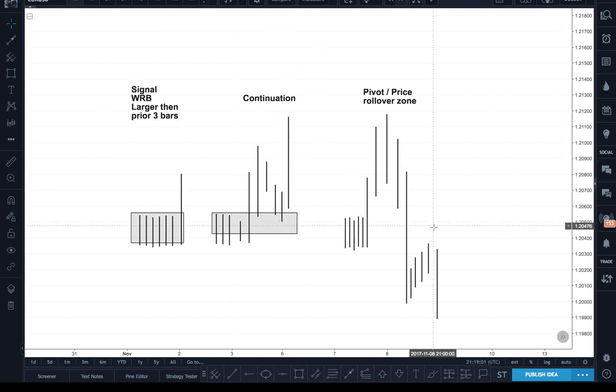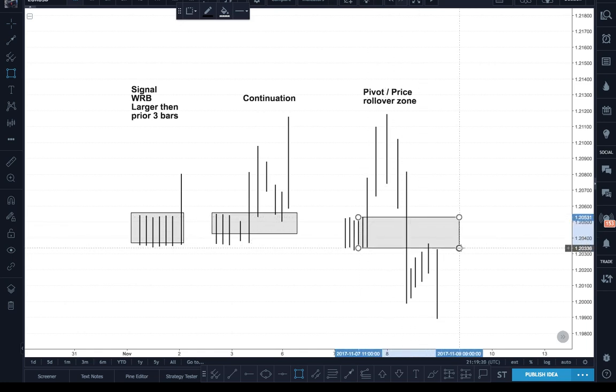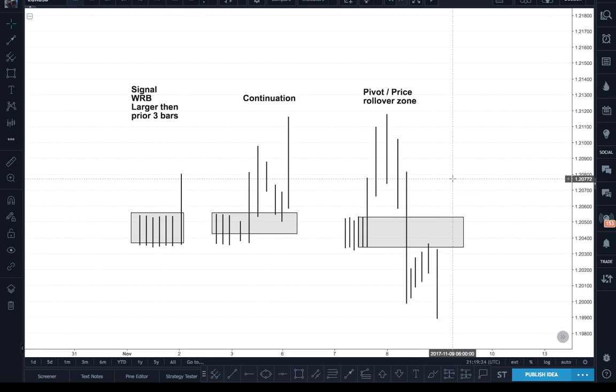The other one is price gets zoomed, price comes up, and then you see the same thing happen. Price gets zoomed in the opposite direction, pulls back to that level, and then drops. That would be considered a pivot or a rollover zone, and you can see that quite easily in price, and I'll show you some examples.